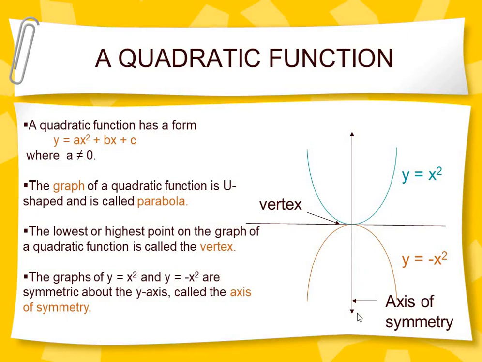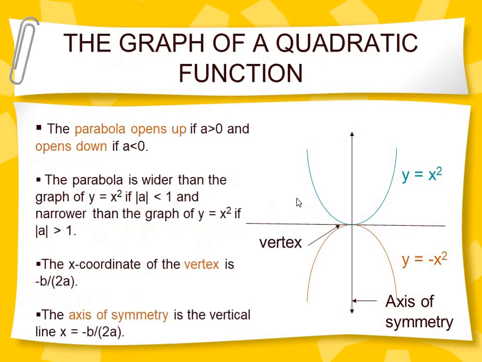How can you know that from the function itself? If a, which is the coefficient of x squared, is negative, we are talking about a parabola looking down, with a maximum vertex. And if a is more than 0, which means positive, we are talking about a parabola looking upward, with a minimum vertex.